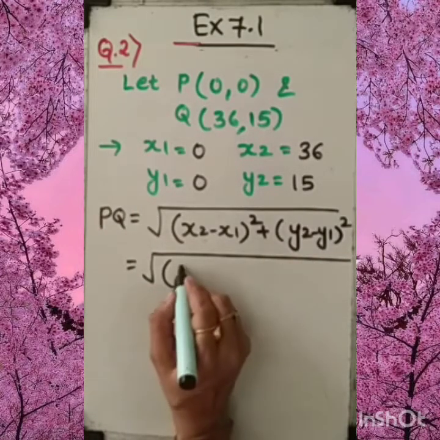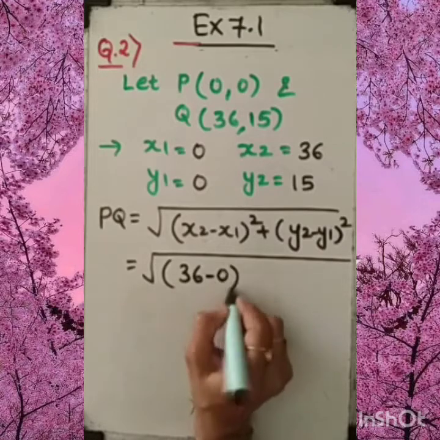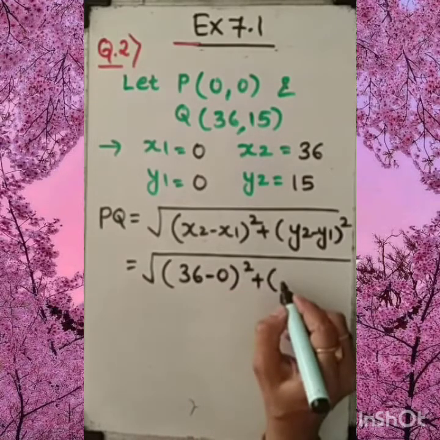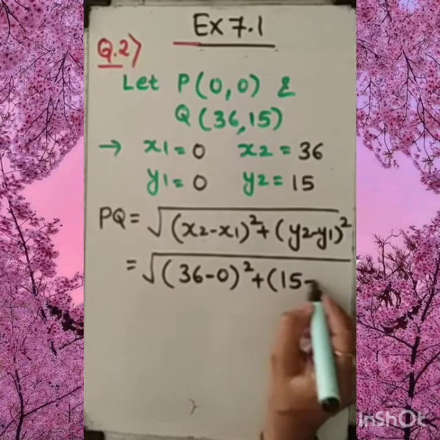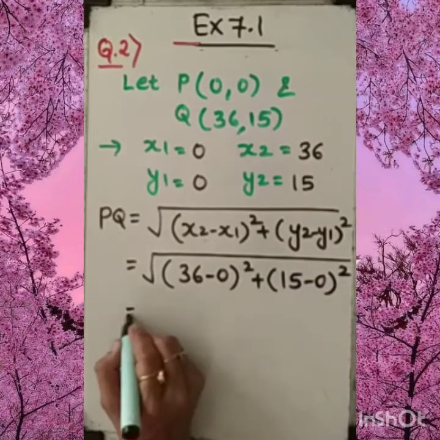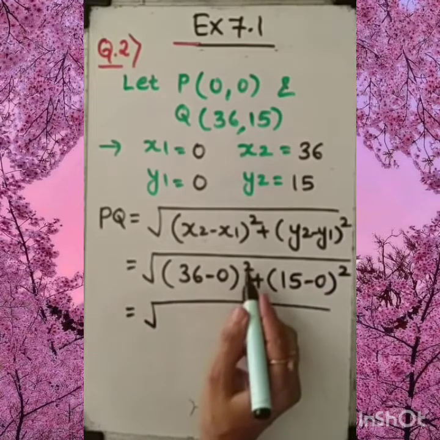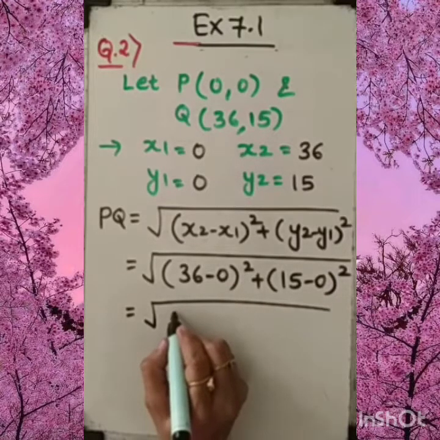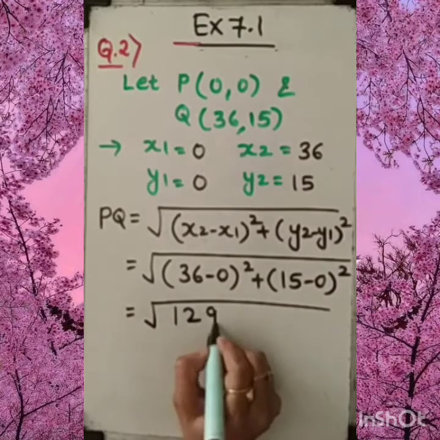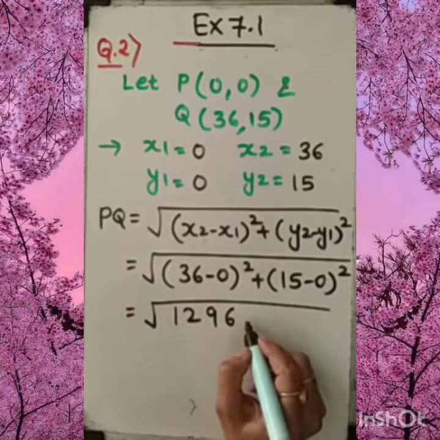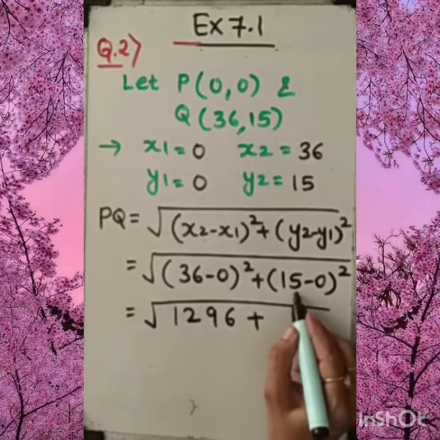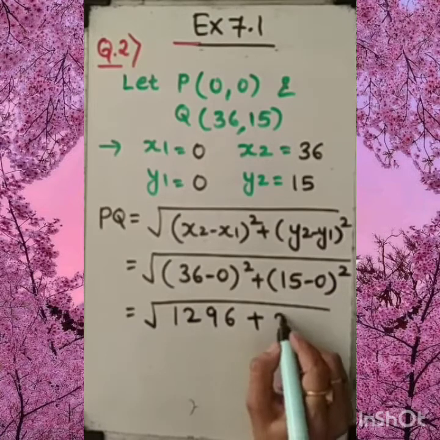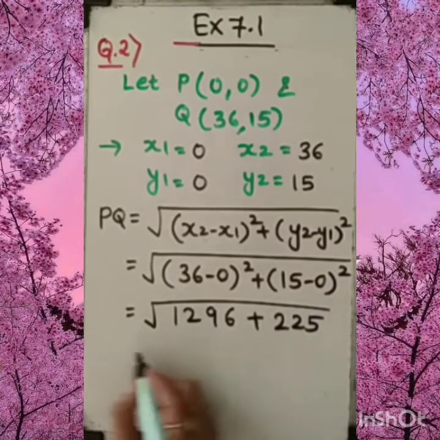So my dear student, here (36 − 0) whole square plus (15 − 0) whole square. So under the root, 36 whole square is, you know very well, 36 into 36, if you multiply, it will be 1296, and we know 15 square is 15 into 15, that is 225.